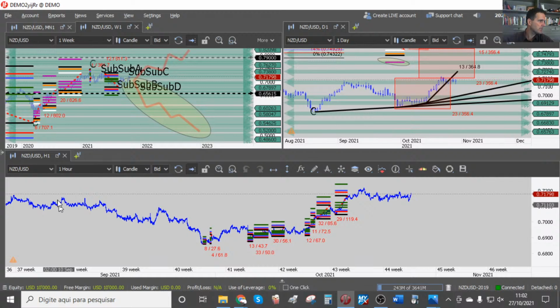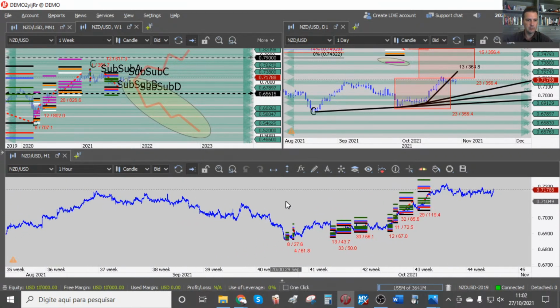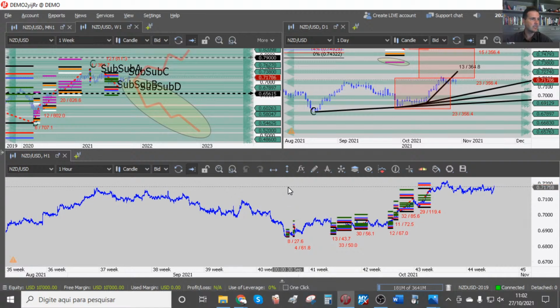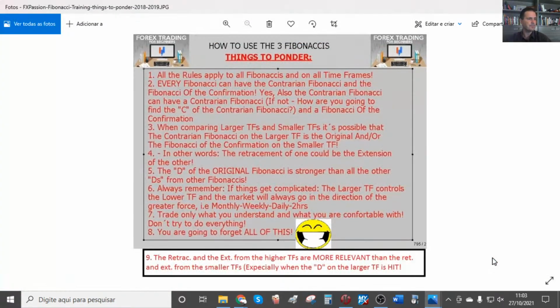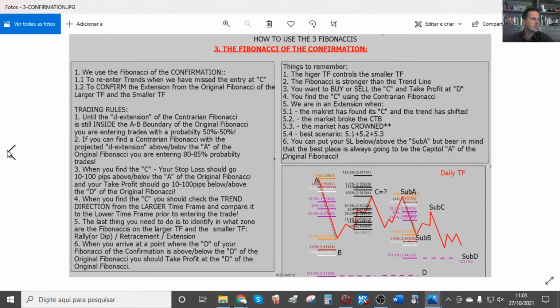So, trading Fibonacci numbers, NZD USD, we have the 1 hour chart too. Okay, how to adjust the Fibonacci. Now, everybody, let's go here first. And let's talk about the concepts and the rules.